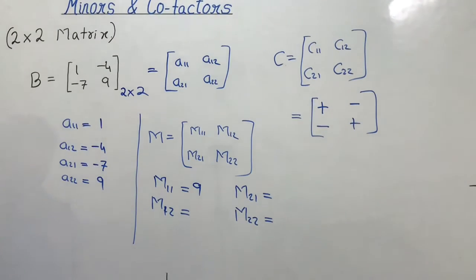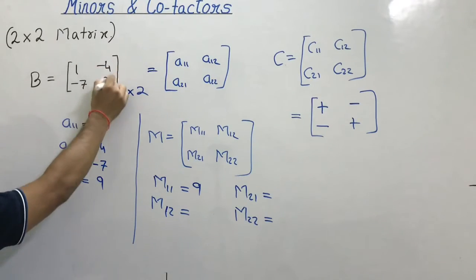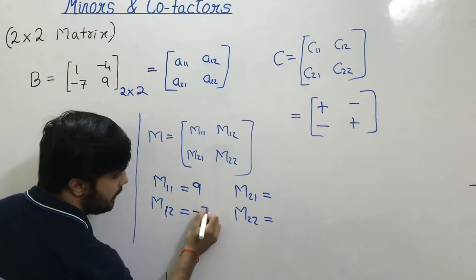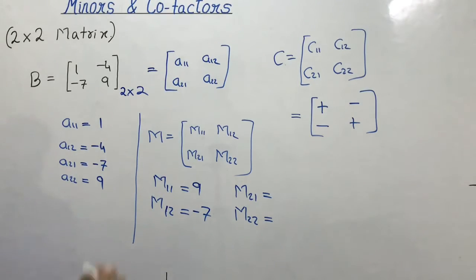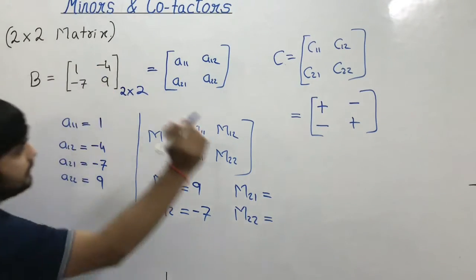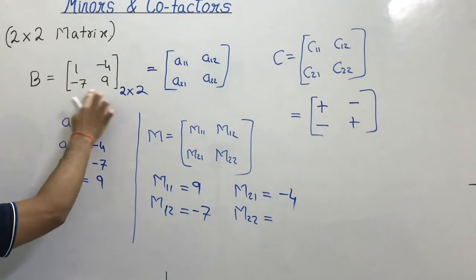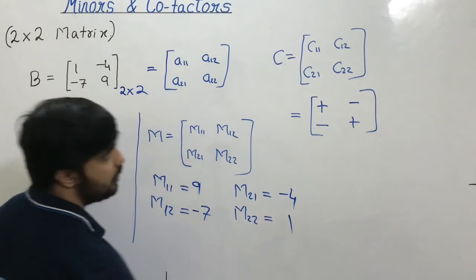For M12, this is M12, this and this we have to neglect. What is left is minus 7. For M21, that is this position, neglect this row and this column. So what is left is minus 4, and for M22 we'll neglect this and this, so what is left is 1.